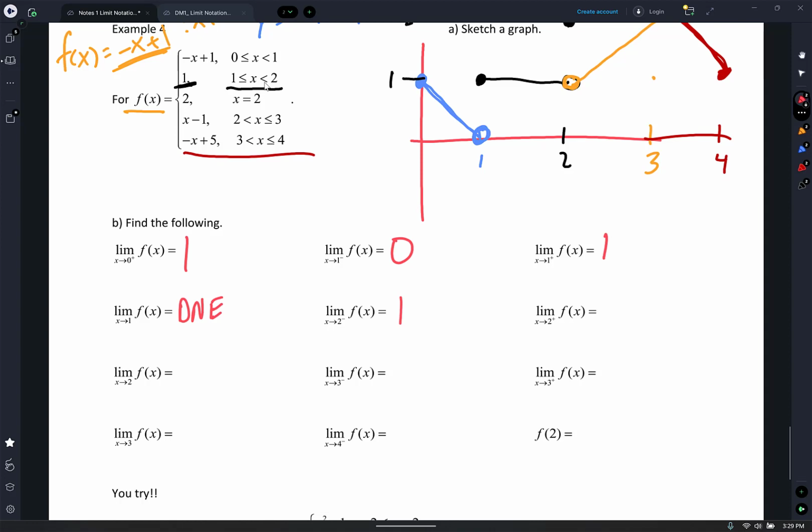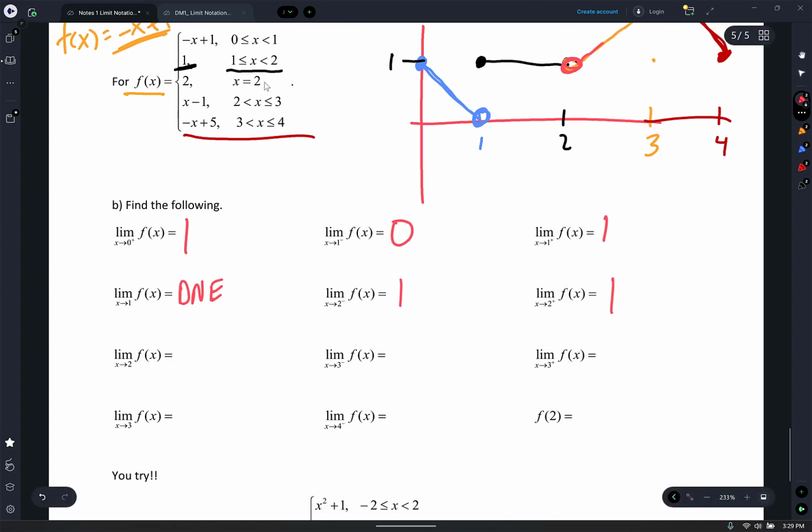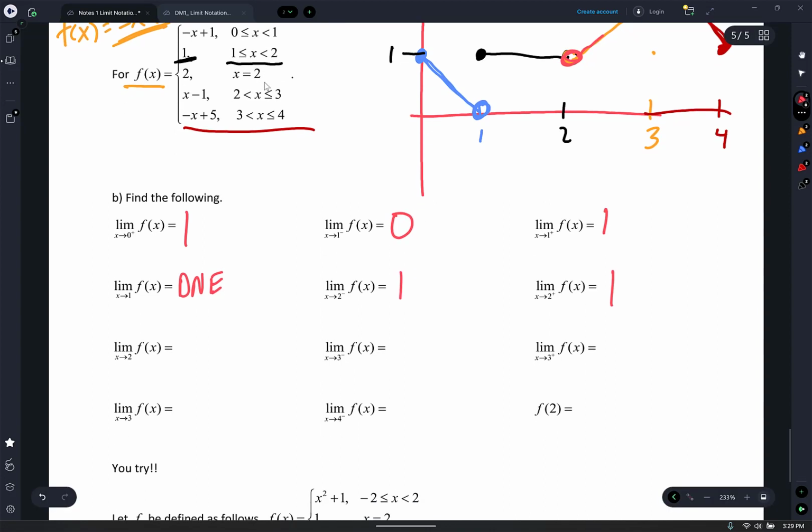No, it's a limit, not the function evaluated at. So here you go. You see how this burnt orange here? So if you approach from the right, that y value is 1. Good job. All right. You choose the next person, Miss Rodriguez.